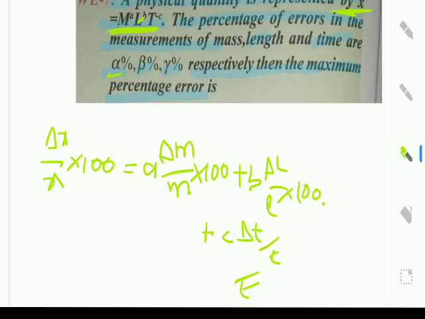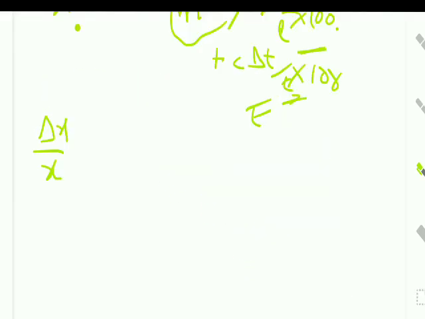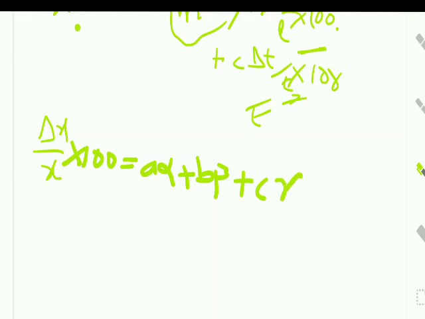So here given delta M by M into 100 is alpha, delta L by L into 100 is equal to beta, delta T by T into 100 is equal to gamma. Maximum percentage error delta x by x into 100 is equal to a alpha plus b beta plus c gamma. This is the answer.